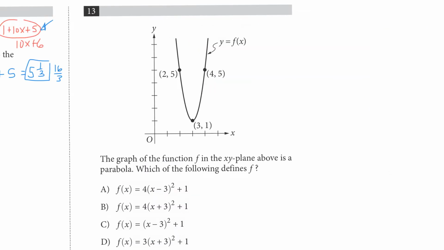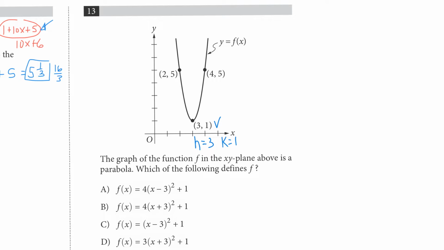Okay, so the next problem, number 13, we have a parabola, and the graph of the function is shown in the xy plane above. Which of the following defines f? So we're looking for the equation for that parabola, and in this case we have the vertex here, and that's 3 comma 1, so that means that h is 3 and k is 1.